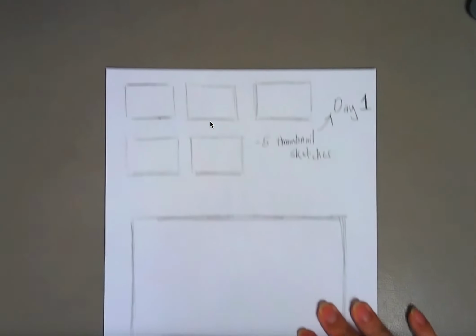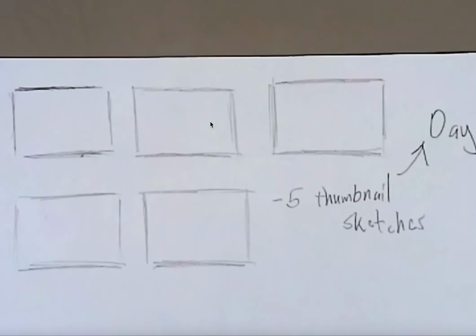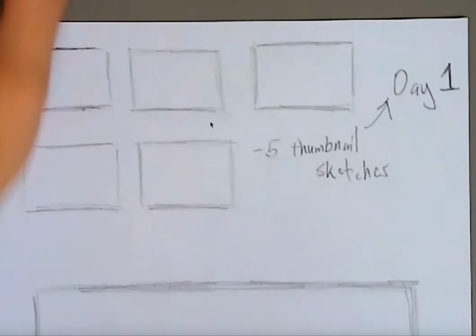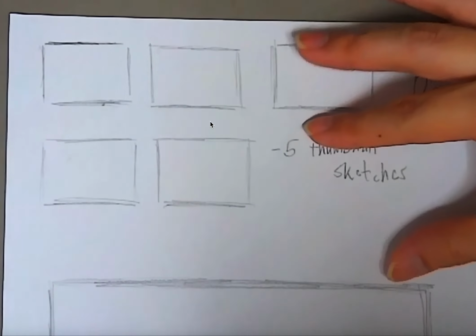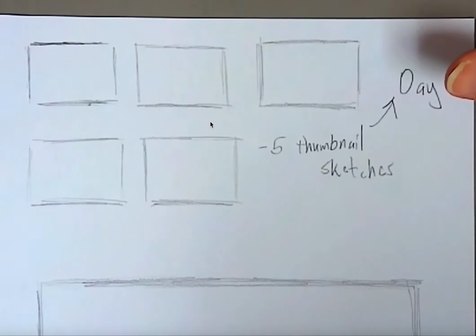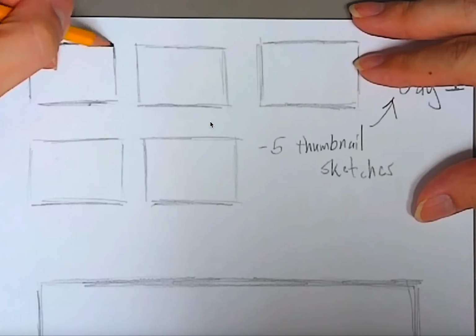Okay, so thumbnail sketches. You're gonna use those references that you're gonna look at. Obviously, because I'm making this video, I can't really look at the references. But you're gonna draw small ideas of how you want to do your handscape drawing.